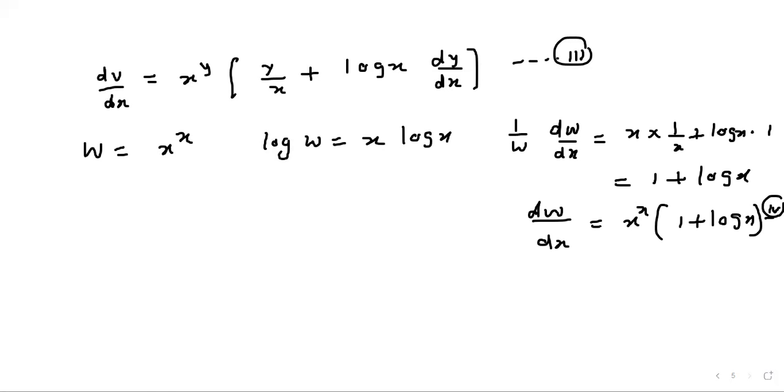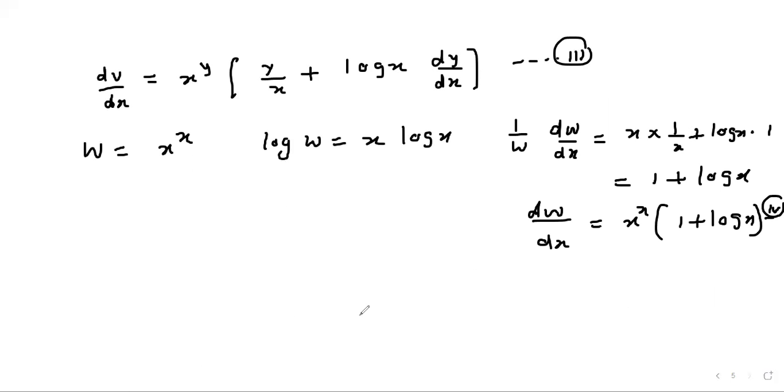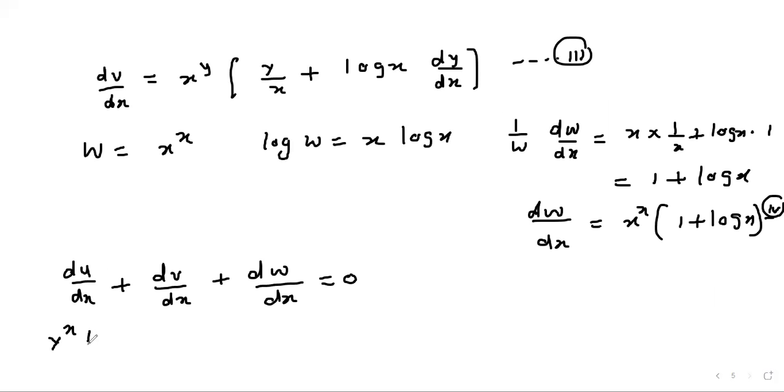Now, putting these values in equation number 1, du upon dx plus dv upon dx plus dw upon dx equal to 0. So let's put these values. du upon dx is y power x log y plus y power x minus 1 times x dy by dx.